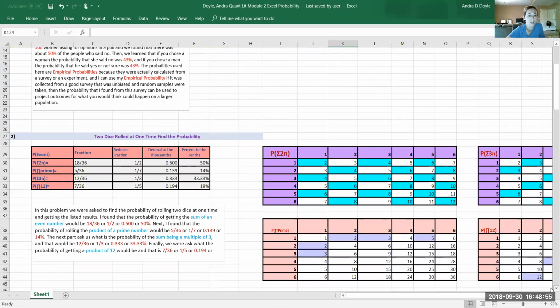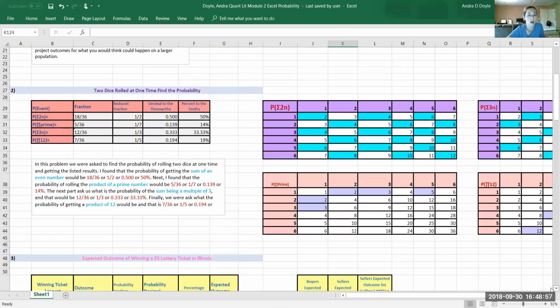Number 2 is a probability question about rolling 2 dice at the same time. We were asked to find the probability of getting a sum of an even number, which would be 18 out of 36. We were also asked to list our answers in reduced fraction, decimal to the thousandths, and percent to the tenths. And I made a chart for each one of my results.